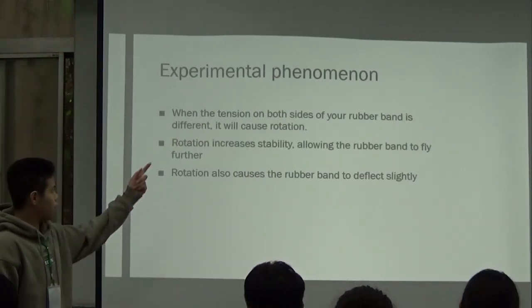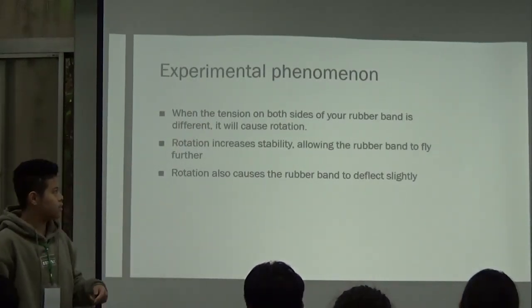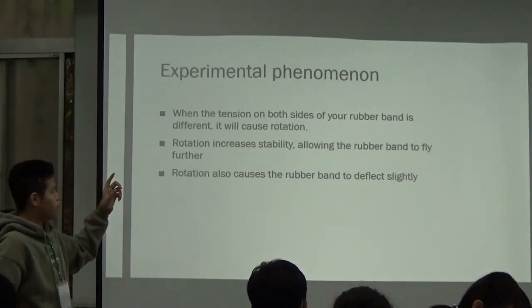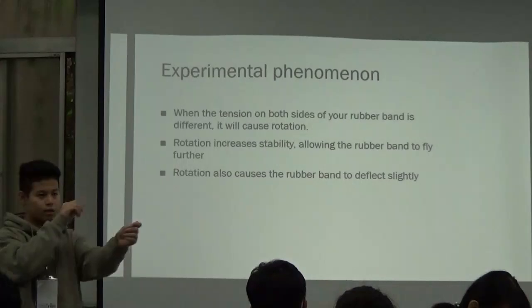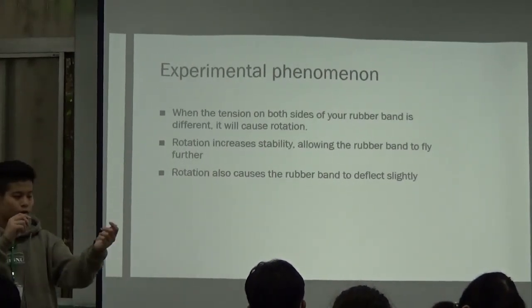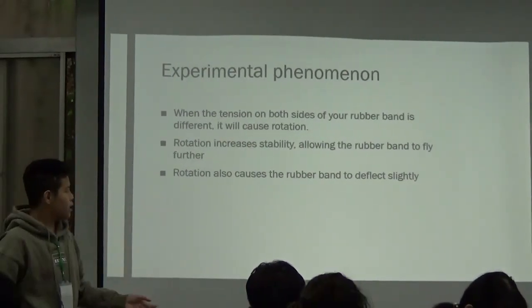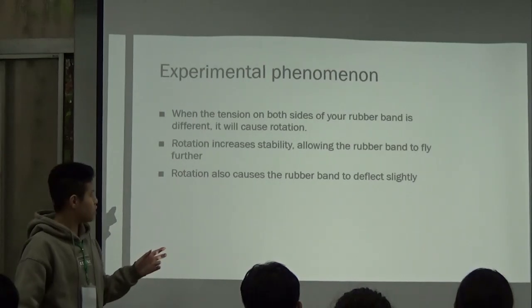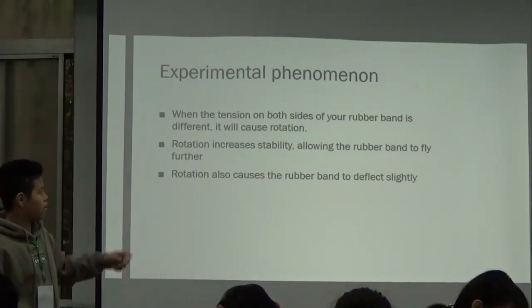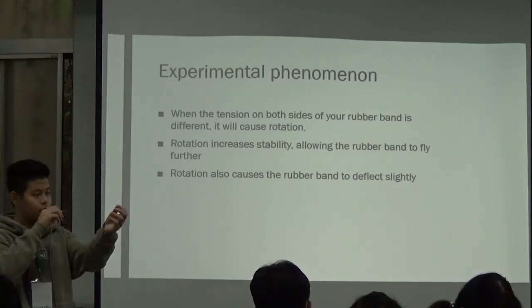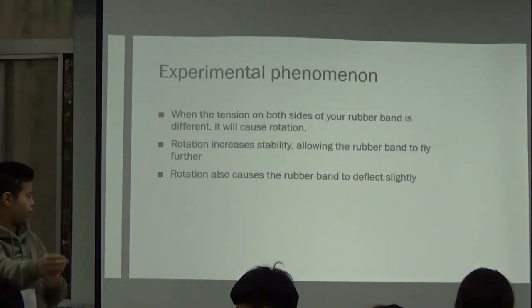In the phenomenon, we can see that when the tension on both sides of your rubber band is different, it will cause rotation. The rotation is helpful because it will be more stable, so it can fly farther.